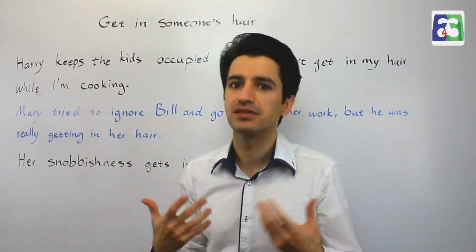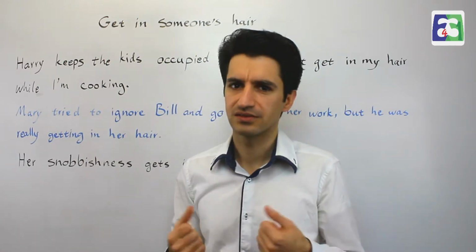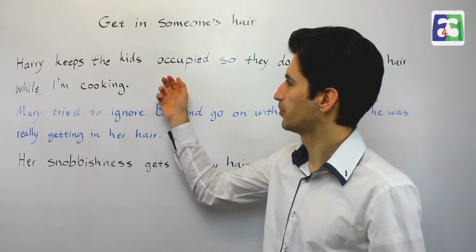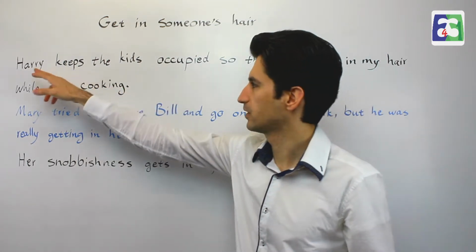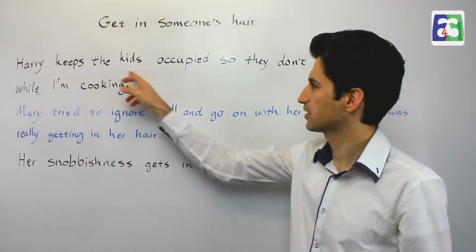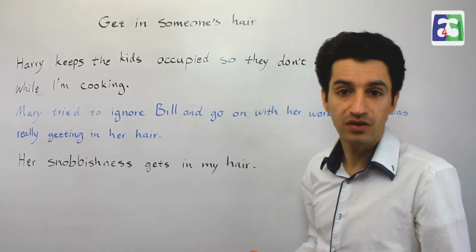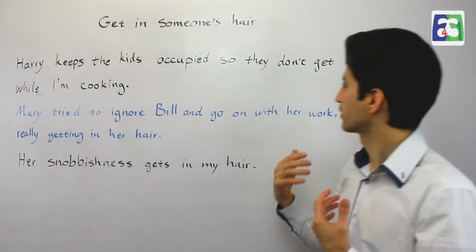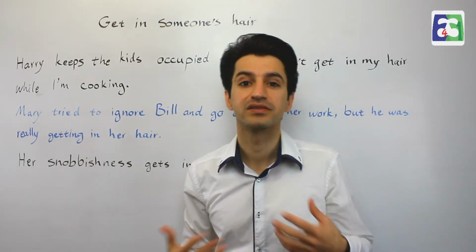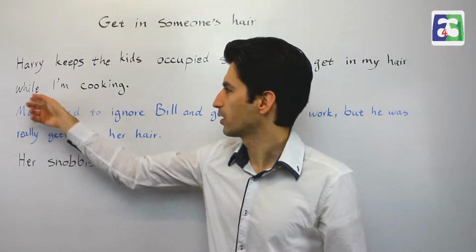So that makes you feel frustrated, annoyed. But Harry keeps the kids occupied, so that they do not get in my hair. They do not bother me anymore while I'm cooking.